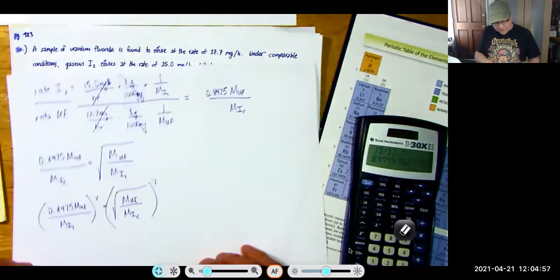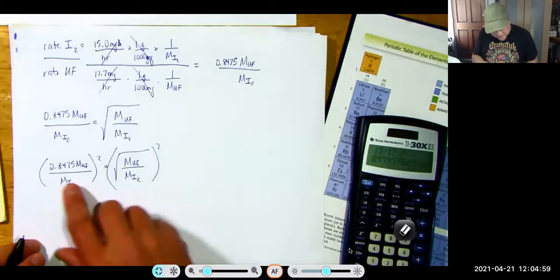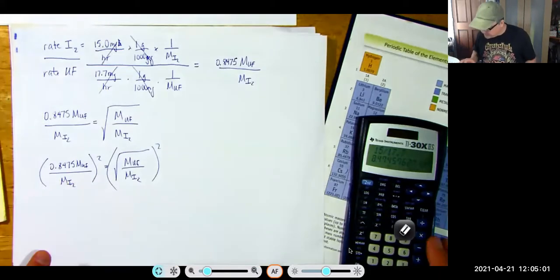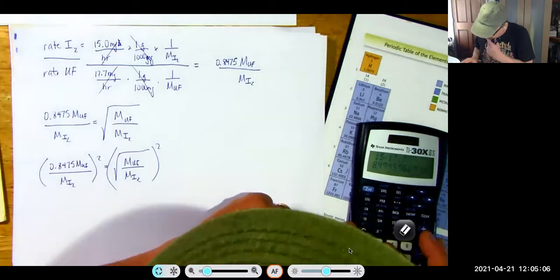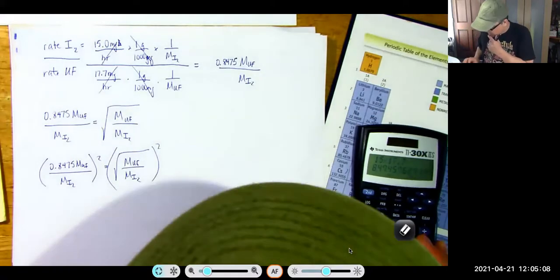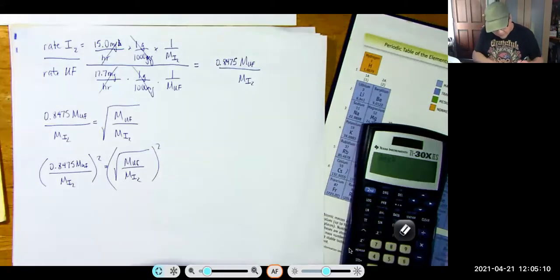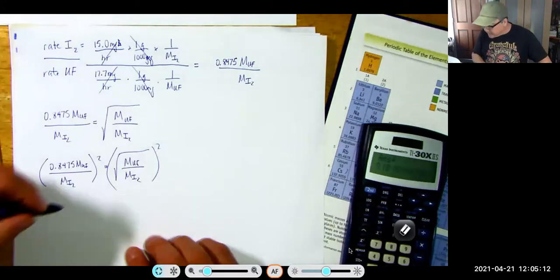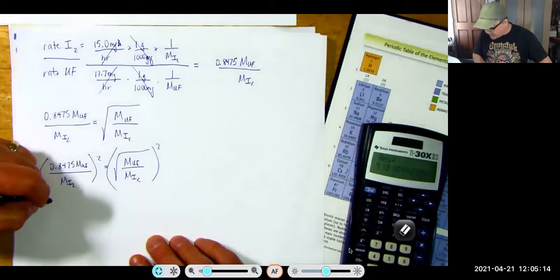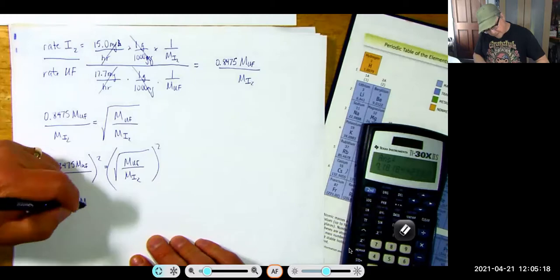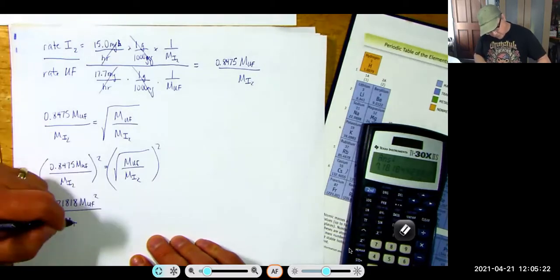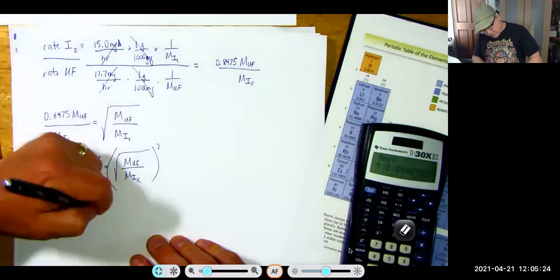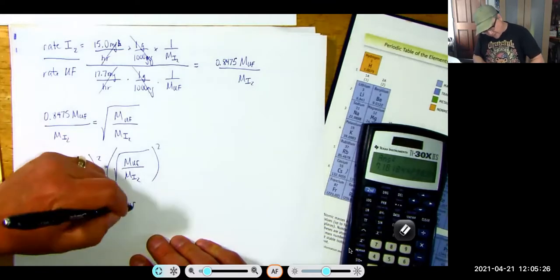So now I've squared each side, and I'm going to go ahead and do this squared. Is there a square button on this calculator? Yeah, there is. So when I square this, I get 0.71818 molar mass of UF squared over the molar mass of I2 squared is equal to the molar mass of UF over the molar mass of I2.